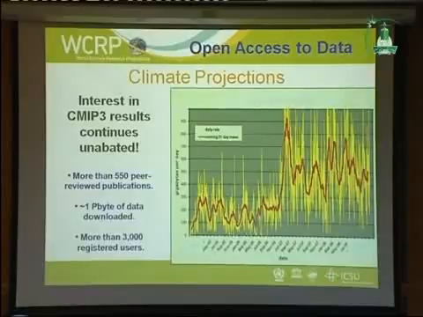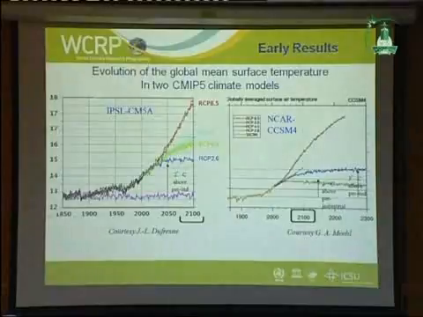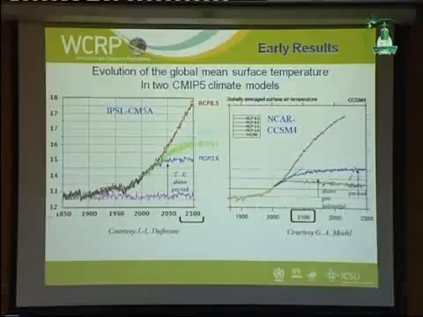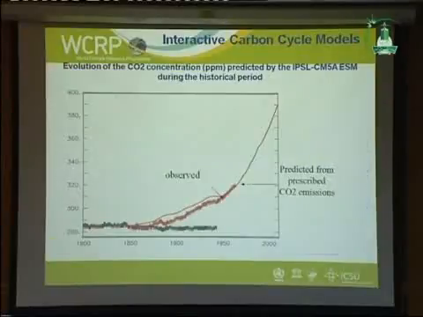So the information is being shared freely among all the scientists in the world. These are some examples of the latest set of experiments that are being conducted with these models. Again, the results will be available soon.